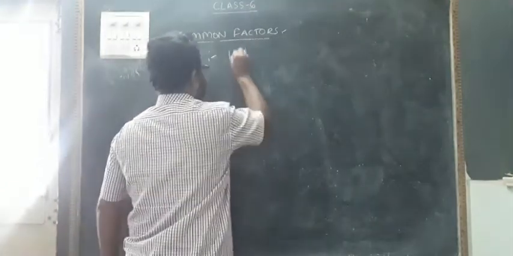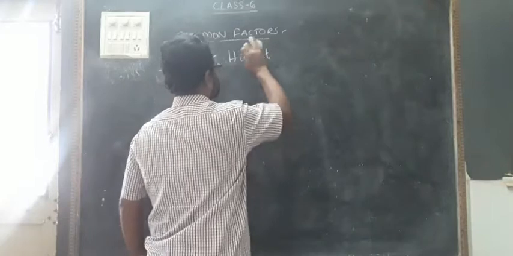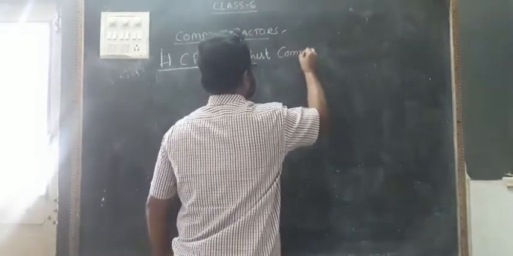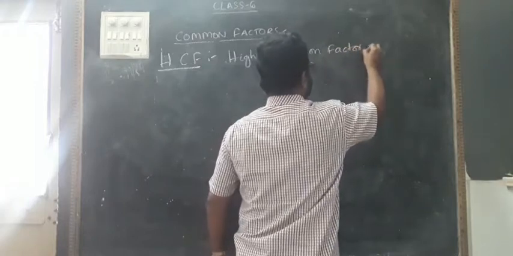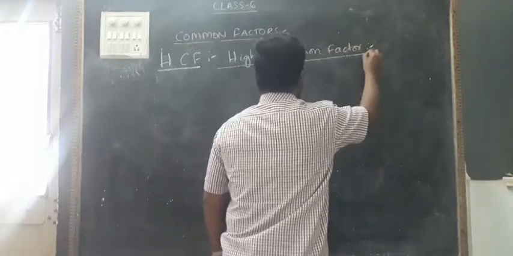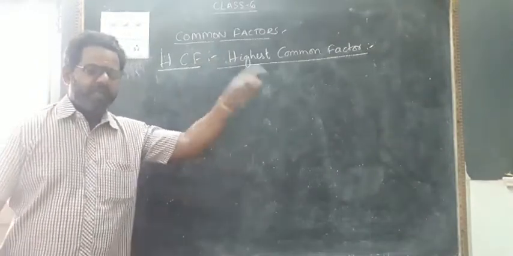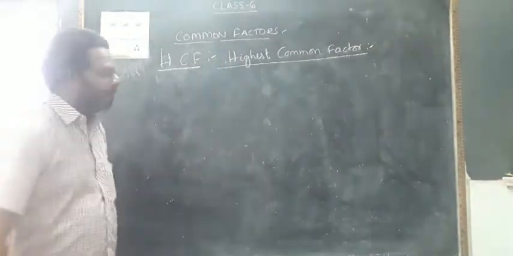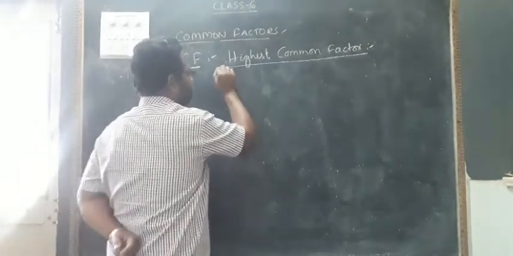HCF is nothing but highest common factor. The highest common factor will be only one, not more than that. Compared to the other factors, whichever is the biggest is called the highest common factor.